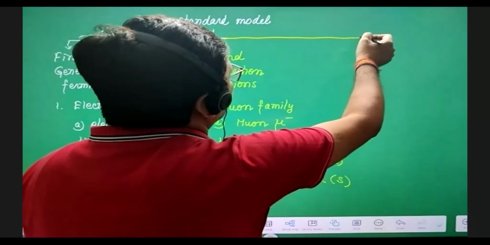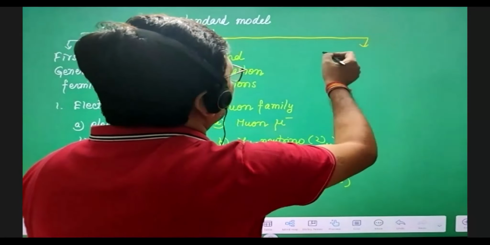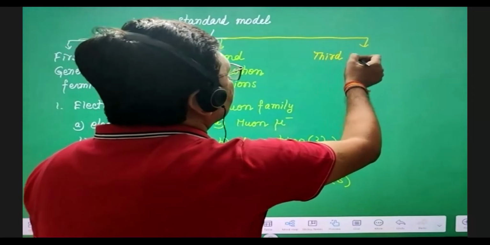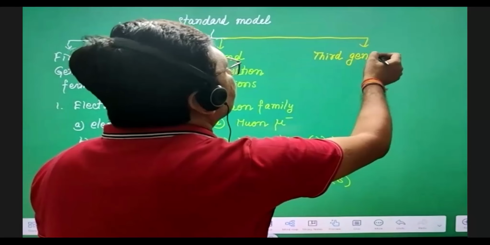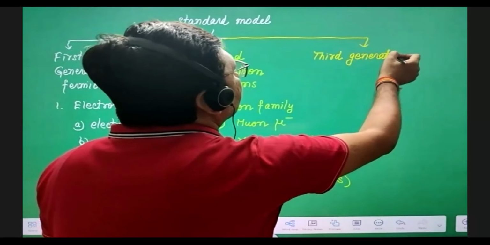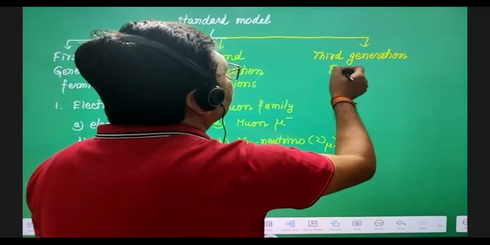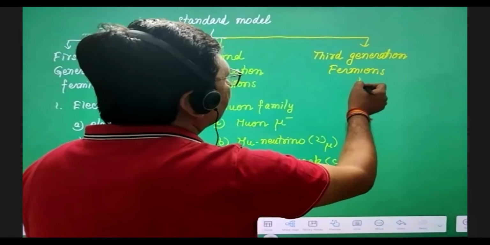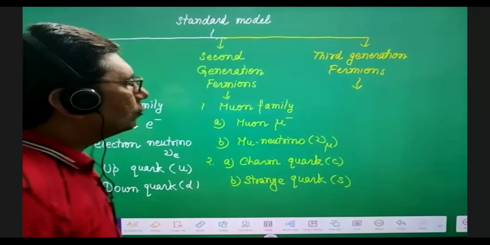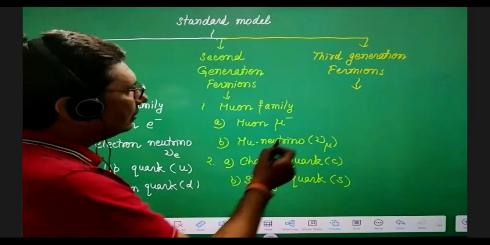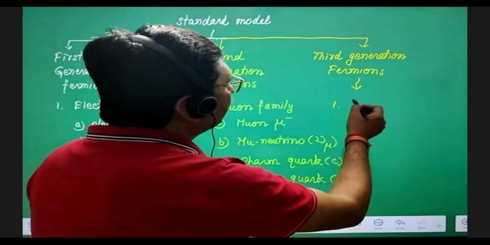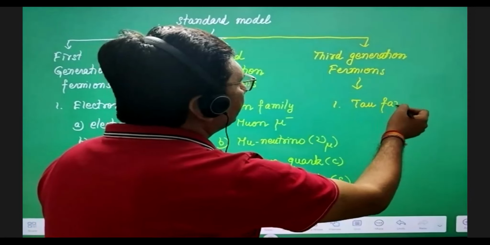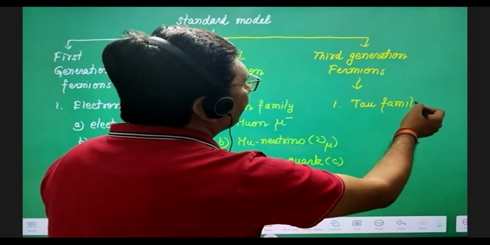Then third generation fermions. Third generation fermions consist of the tau family.